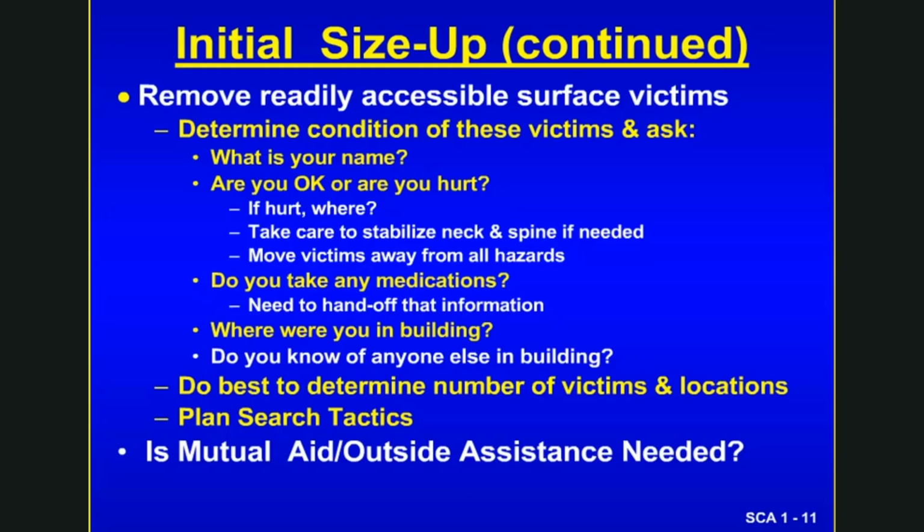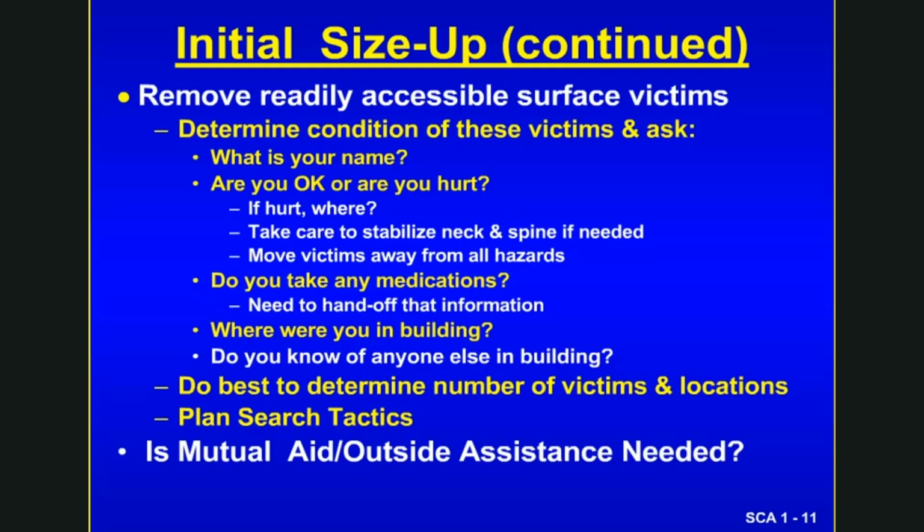Then what kind of medications they might take, which is something that we would perhaps want to add to the information that you're giving when you hand them off. Because once they're in your system, they may or may not have the adequate medication with them if they have heart or diabetes or other problems. Where were you in the building? From that, do you know of any other person in the building?